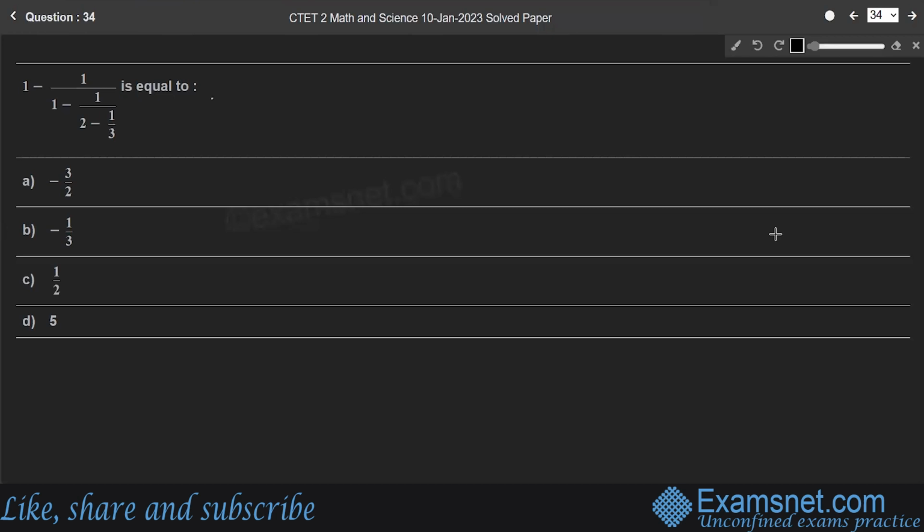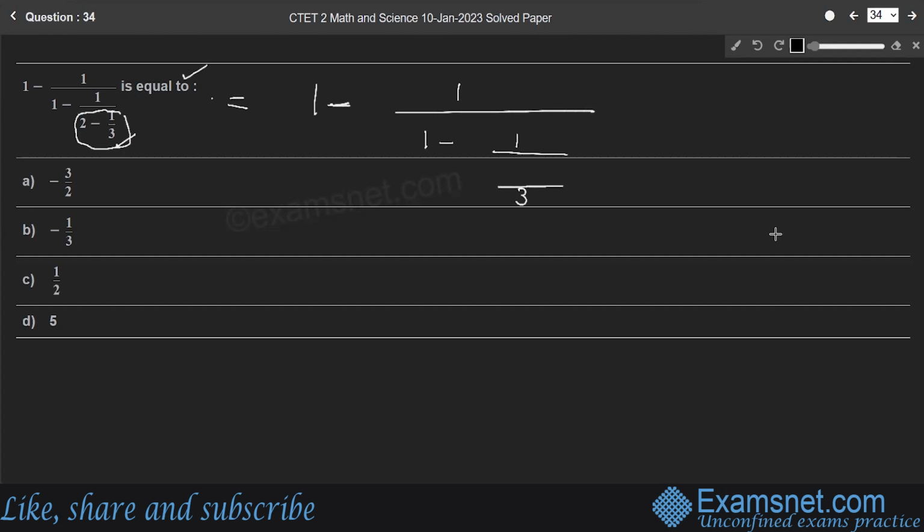Question 34. So the given expression is equal to. A very easy question. We'll start with the last denominator part, which is 2 minus 1 by 3. So 1 divided by 1 minus, again 1 divided by 2 minus 1 by 3. We'll take this part, 2 minus 1 by 3, in which we have 3 as the LCM.